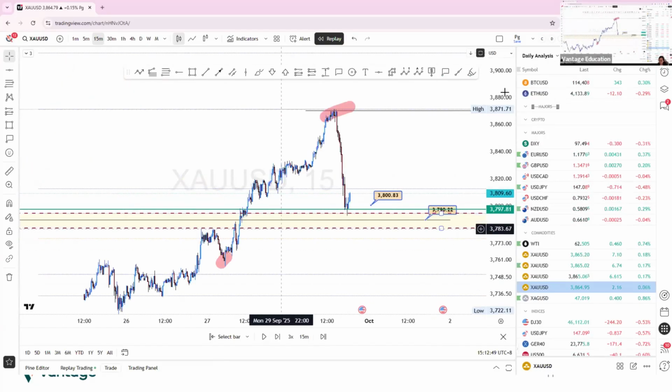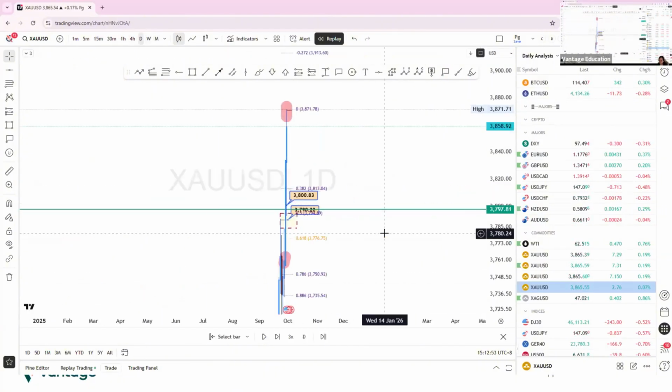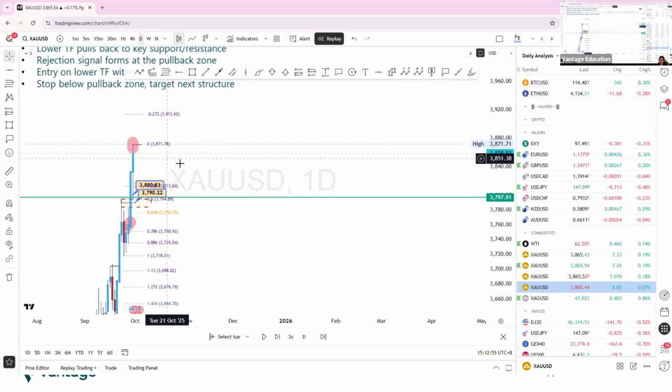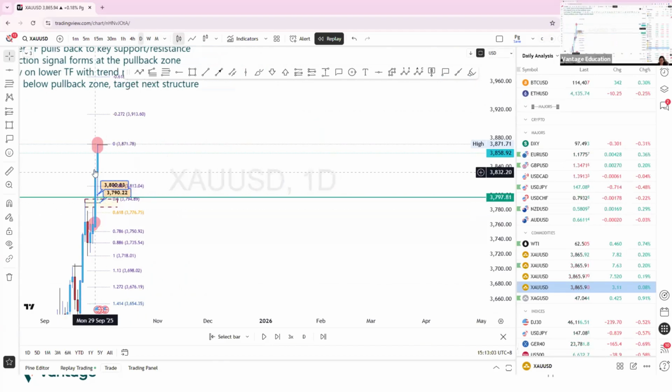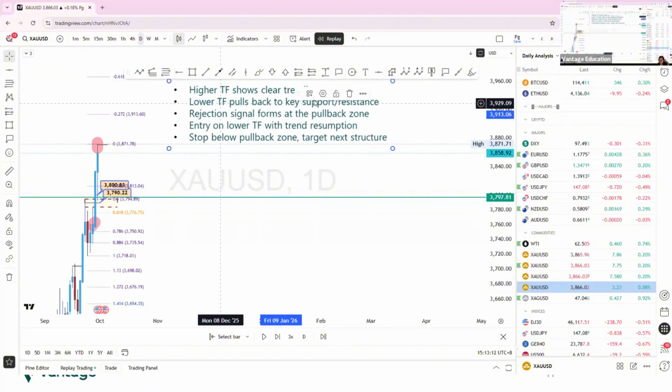Why? Because on the H4 and D1 time frames, even on the D1, a high time frame, on September 29 the day closed with a strong bullish candle. So the next day, if you want to buy, you're not going to buy at the top. You need to wait for price to pull back on the lower time frame, at the support level. You wait for the rejection signal, which is price action.